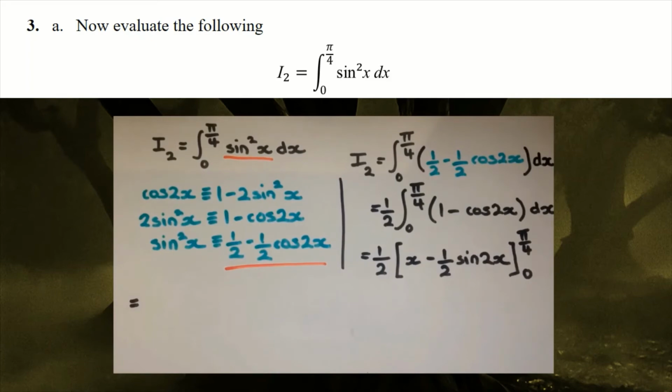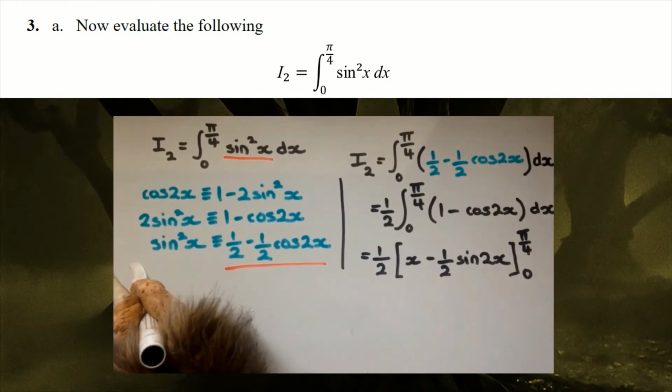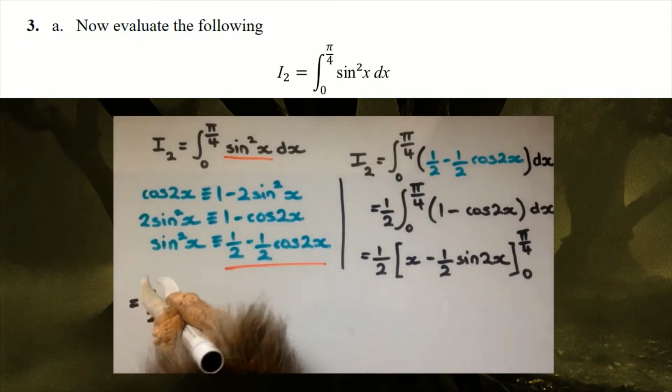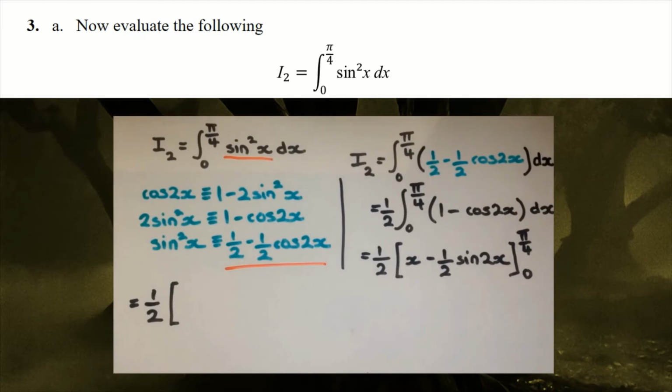So this is going to equal, I'm going to put the half on the outside to remind me not to forget to multiply everything by half at the end, and we're going to substitute in our upper and lower limits.